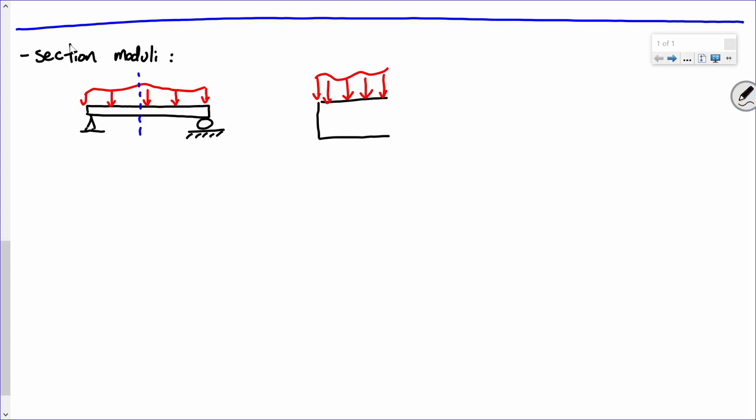What do I got going on? Remember this? Remember I've got a bending stress profile that probably looks something about like that. Y'all remember that?